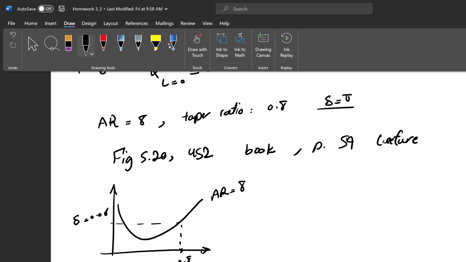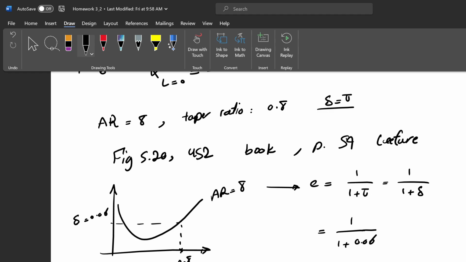Okay. So, what does this mean? It means that our efficiency factor, which is 1 over 1 plus tau, or 1 over 1 plus delta, is equal to 1 over 1 plus 0.05 or 0.06. I'm just going to use 0.06 for a second.